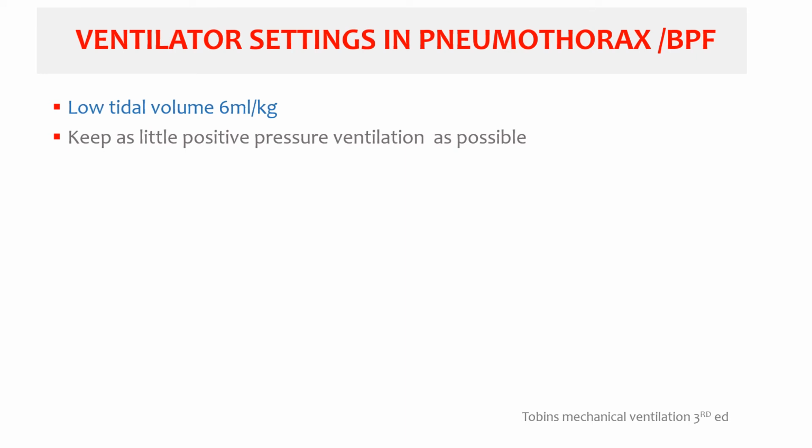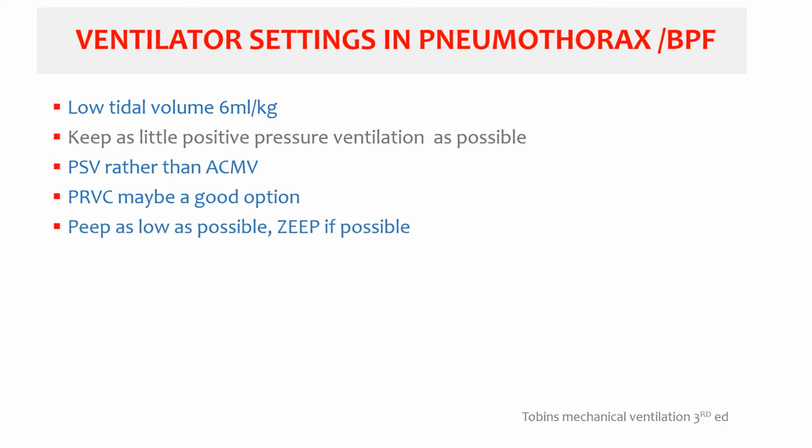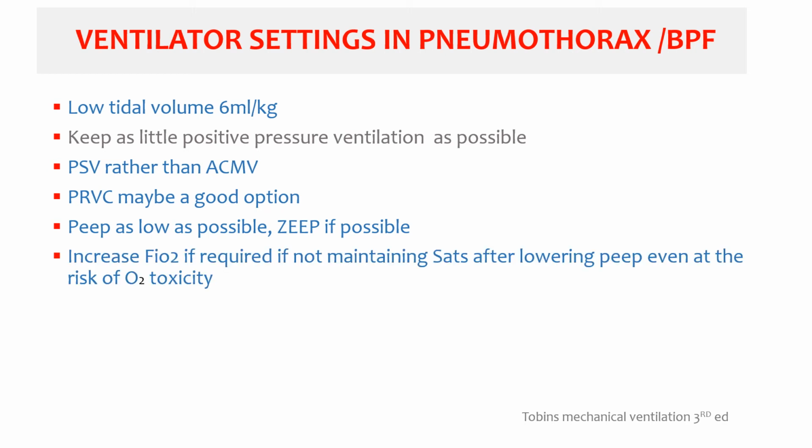You want to give as little positive pressure ventilation, because if you give too much positive pressure, the tear in the visceral pleura is not going to heal and air will continue to leak. Try to use pressure support because less positive pressure is generated in this. Then PRVC may be a good option because it gives the better volume with the least amount of pressure, and try to give zero PEEP.